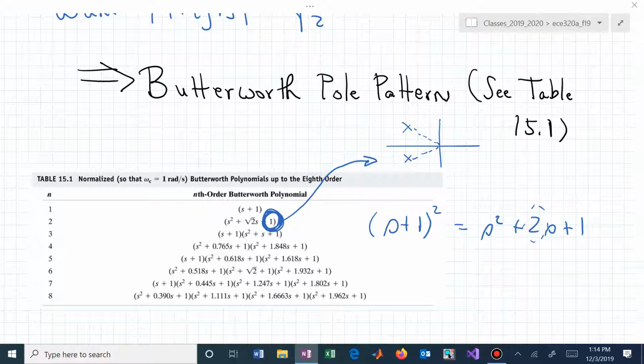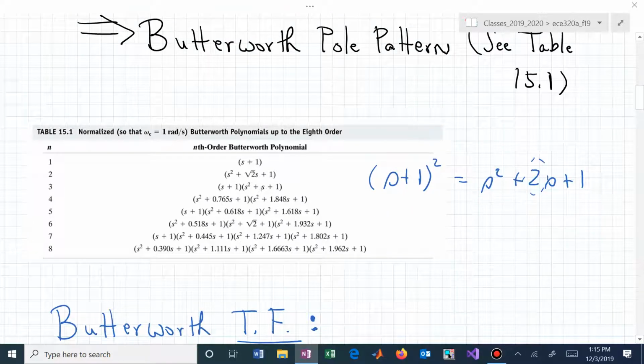They are always 1 away, no matter where they are in this order, they are 1 away from the origin. We now need to figure out where are they on that radial distance of 1 from the origin. How do we find that? If we don't have this chart in front of us, how do we start creating Butterworth pole patterns that we can now use in our filter design?